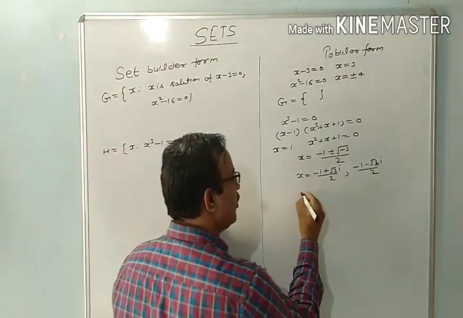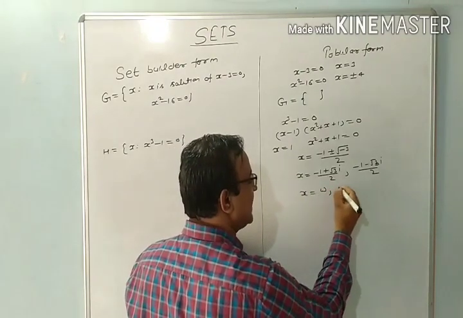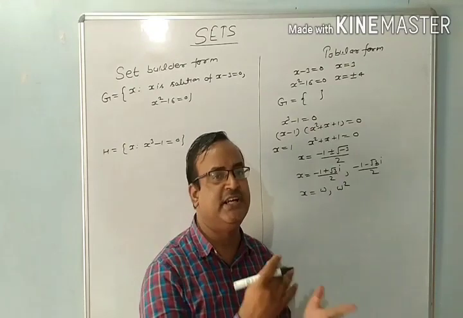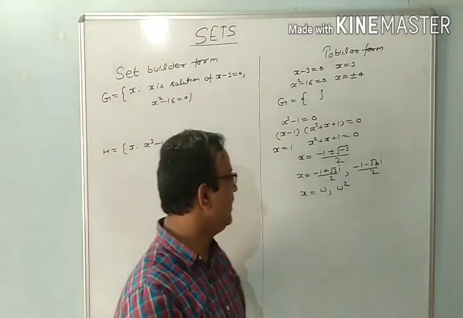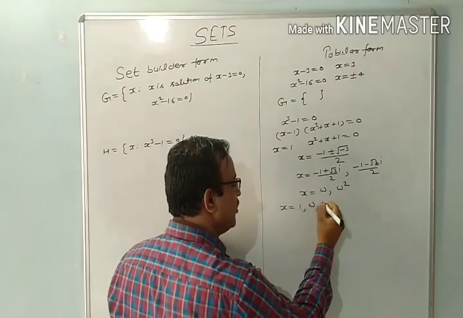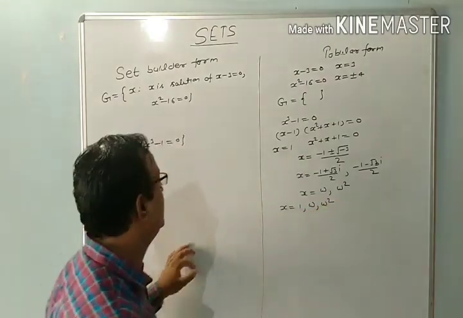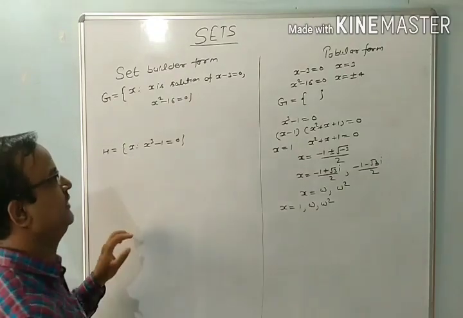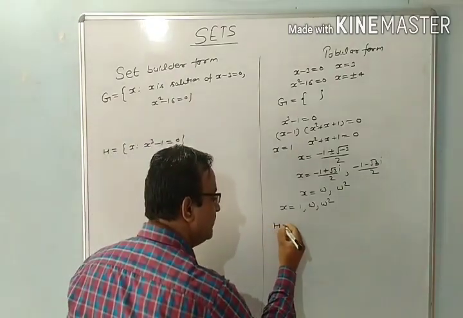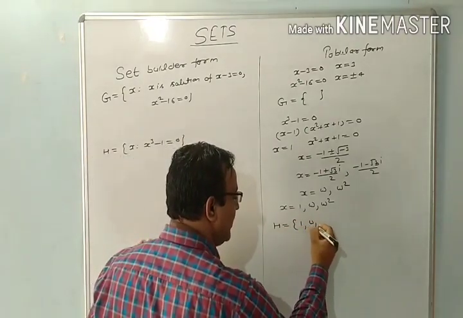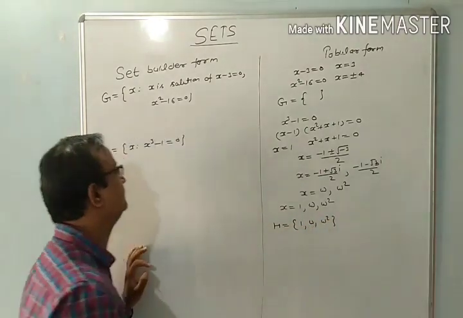The first is omega and the second one is omega square. We will discuss this in detail in the chapter on complex numbers. So there are 3 values of x: first is 1, second is omega and third is omega square. So when we convert the given set H into tabular form, the elements are 1, omega and omega square.